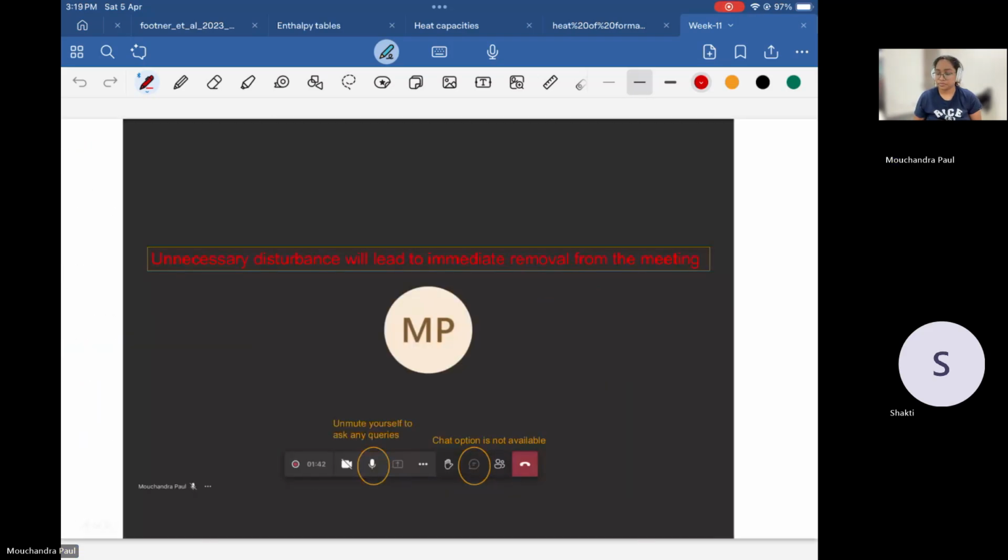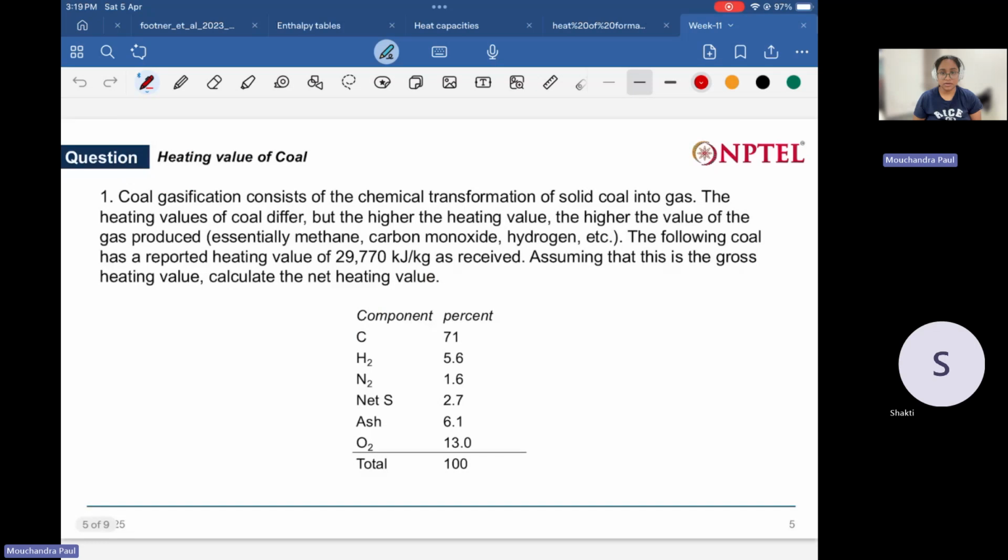So let's begin with the first problem. Here we have to calculate the heating value of coal. It states that coal gasification consists of chemical transformation of solid coal into gas. The heating values of coal differ, but the higher the heating value, the higher the value of gas produced.